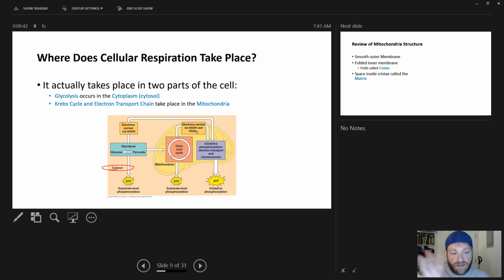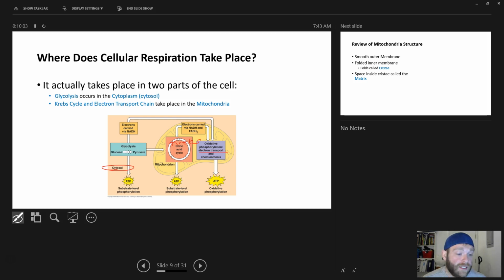It's happening within the cell membrane, within the liquidy structure that makes up the cell. The second part, the citric acid cycle, also known as the Krebs cycle, so both of those are the same thing, happens inside of the mitochondria, as well as the electron transport chain.